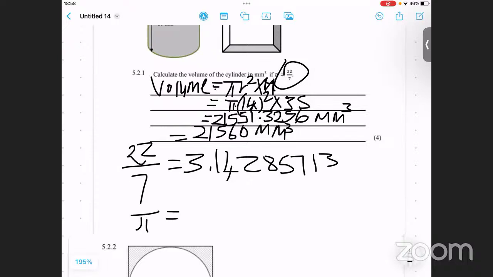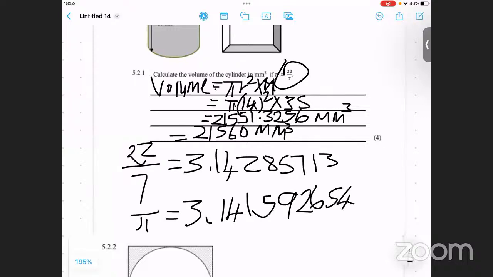The pi? Ma'am, it's 3,141 592 654. Perfect. So you see that these two are different. That's why we are getting different answers.